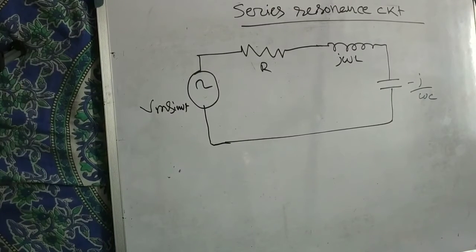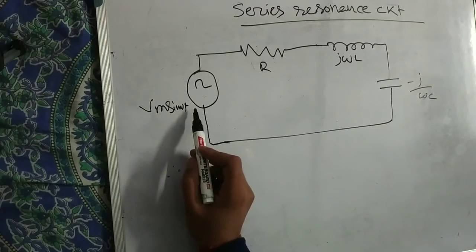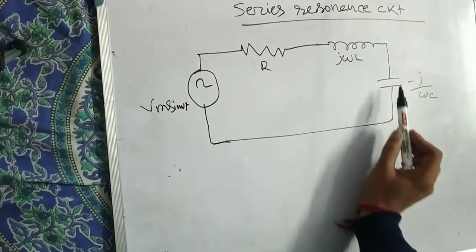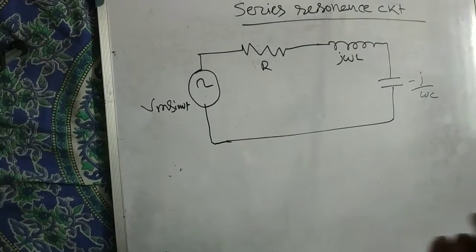So first we can see here a sinusoidal voltage source is there, and resistance, inductance and capacitance are connected in series.